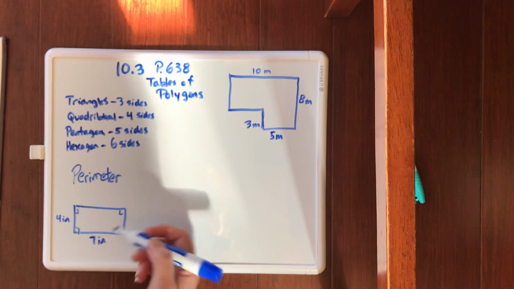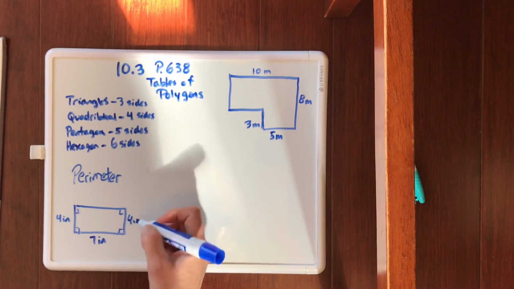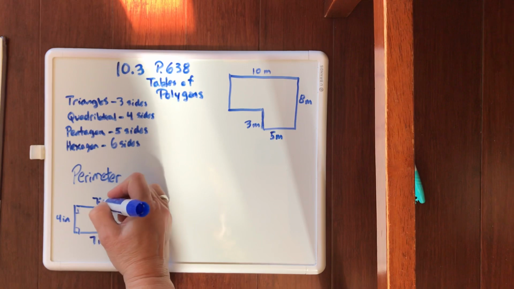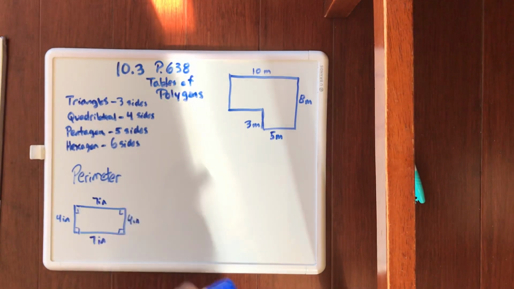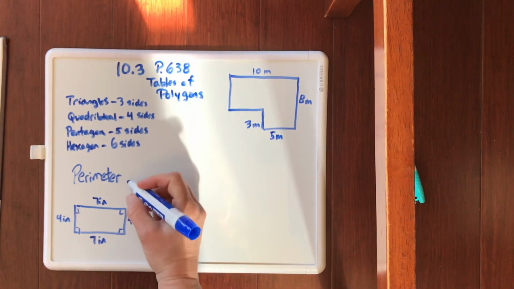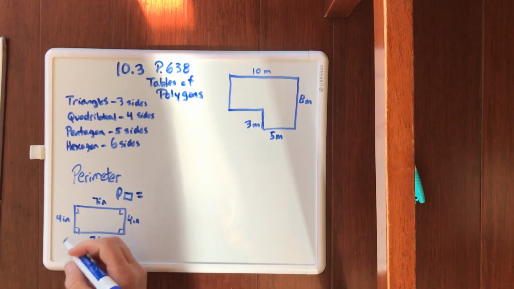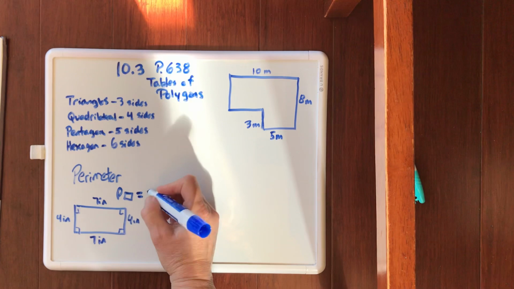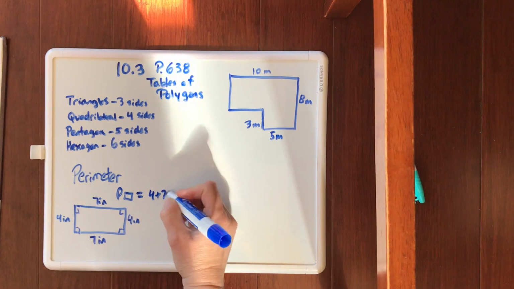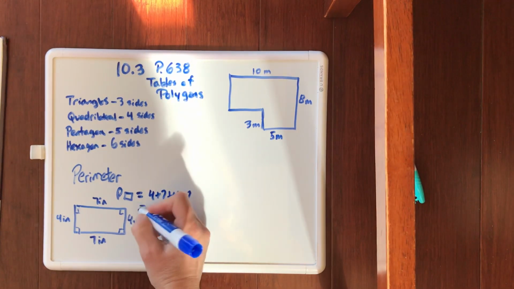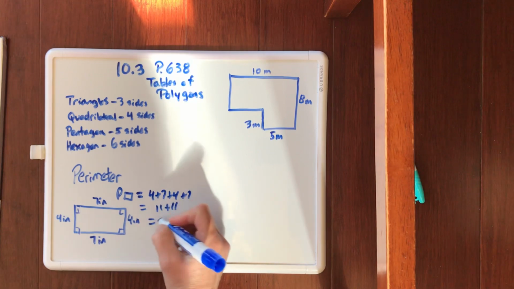If this is 4 inches, this is 4 inches. If this is 7 inches, this is 7 inches. And so the perimeter is just adding that all up. So the perimeter of this particular rectangle is going to be 4 plus 7 plus 4 plus 7, which is 11 plus 11, which is 22 inches.